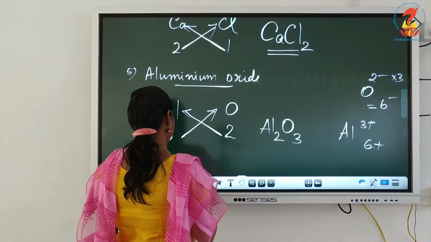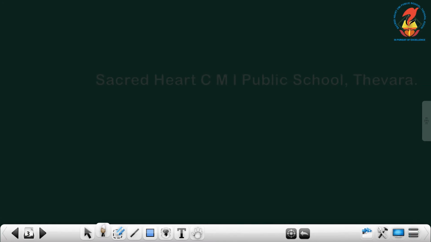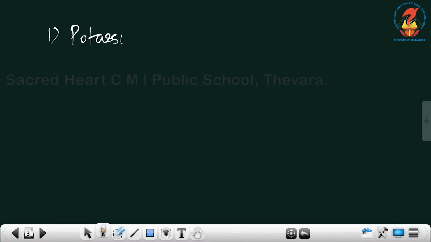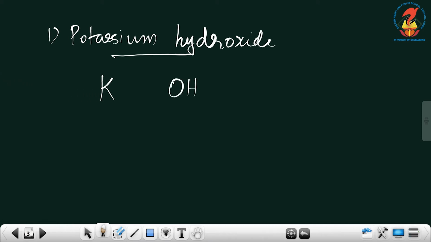Now we can see some polyatomic ions. Okay, potassium hydroxide. How will you write the potassium hydroxide formula? Potassium is K. Hydroxide, what is the symbol for hydroxide? Yes, it is OH. Isn't it?